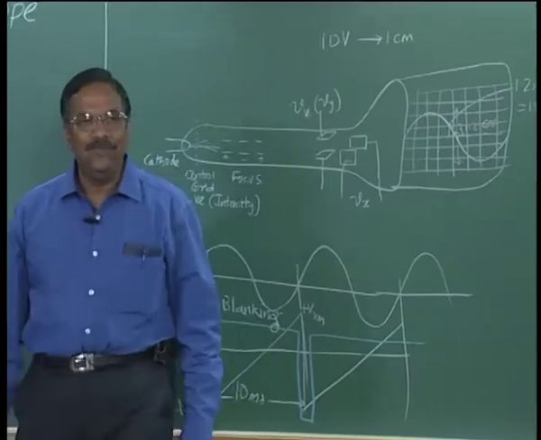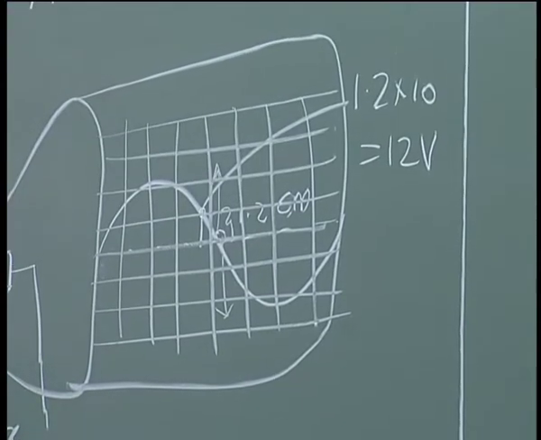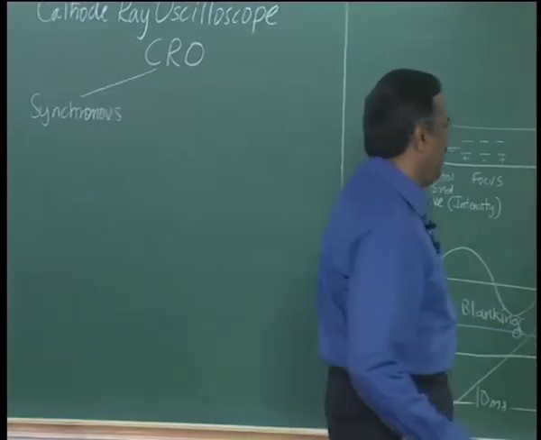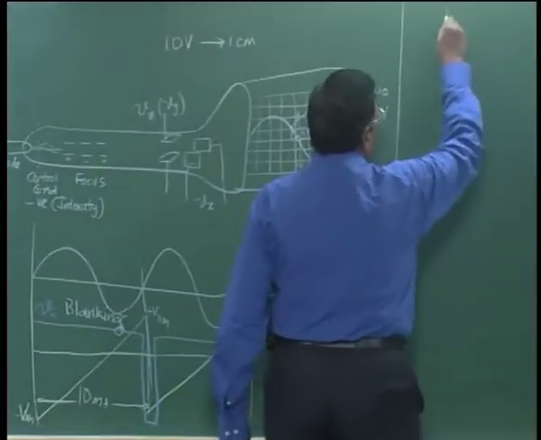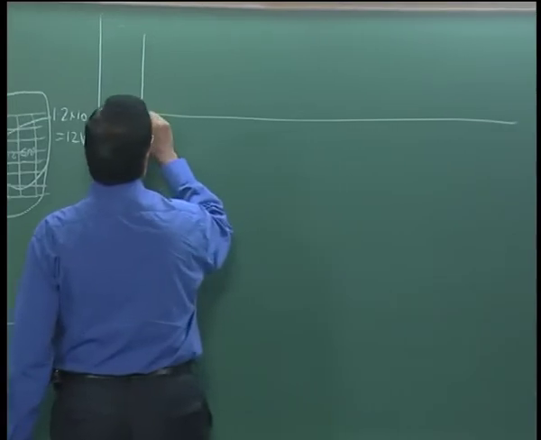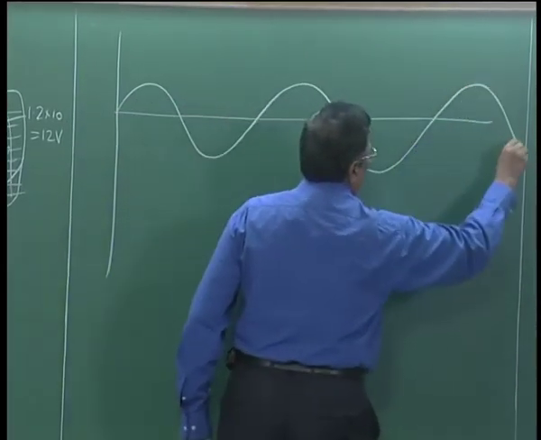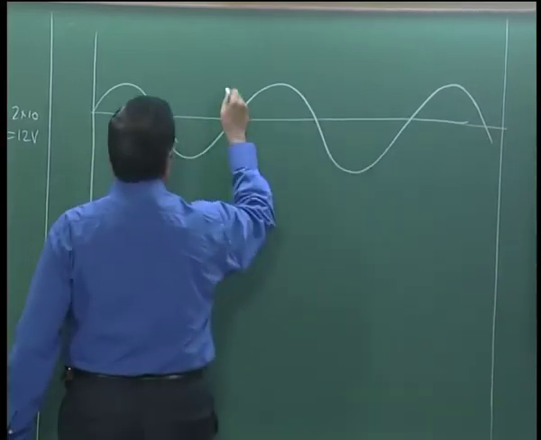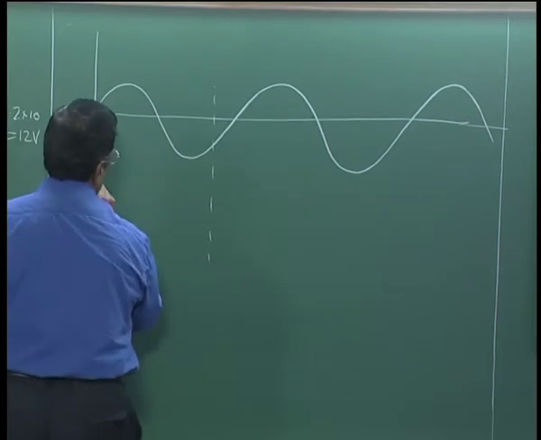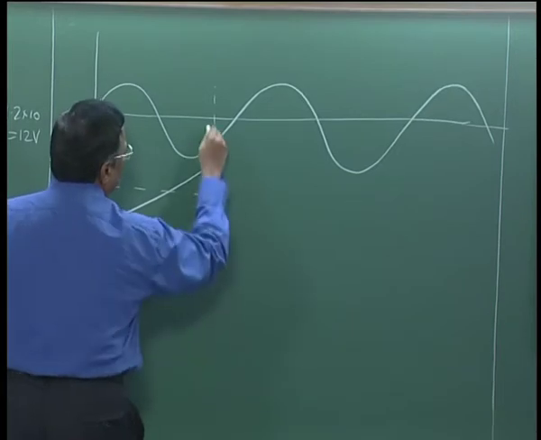stable waveform. Let us assume it is not; we cannot always decide my input would be 10 millisecond, it could be anything. Let us say that it is 12 millisecond, right. This is my sawtooth.